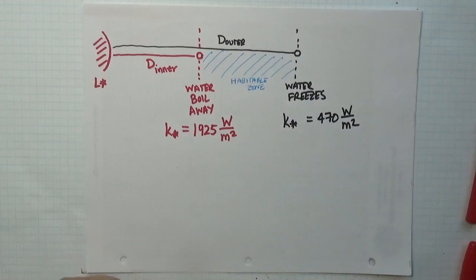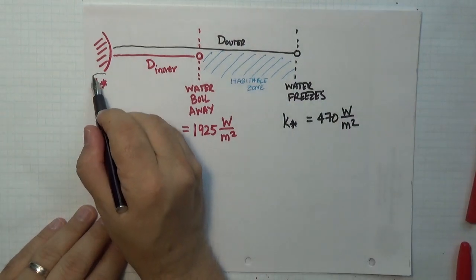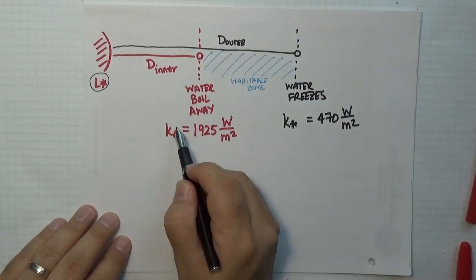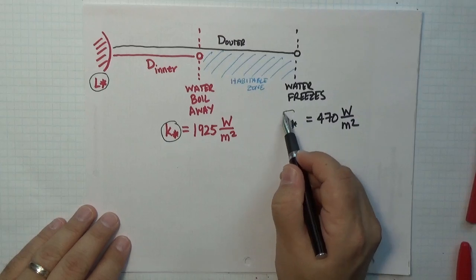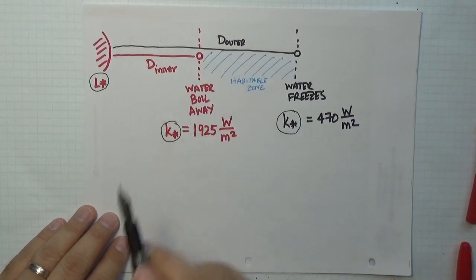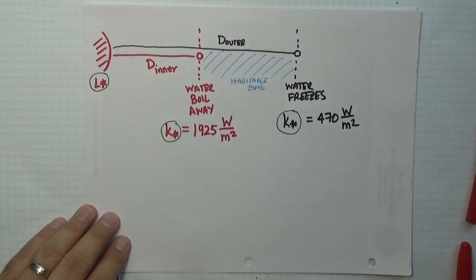And if you go look at the equation in lecture 17, if I tell you L star and I tell you a value of K star, you can use it to calculate the distance d.